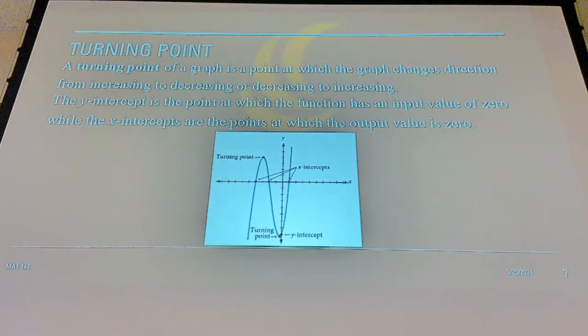I can't say definitively it is degree 3. Could be degree 5. Could be degree 7. I know it's not even degree because of the shape. But it could be any odd degree 3 or larger. I just don't know with this information.